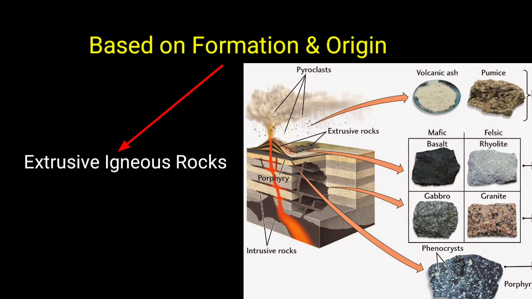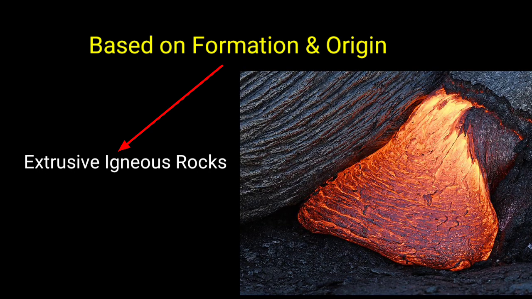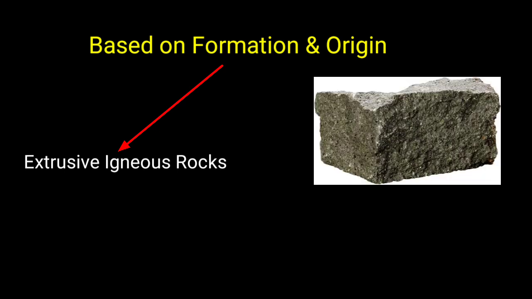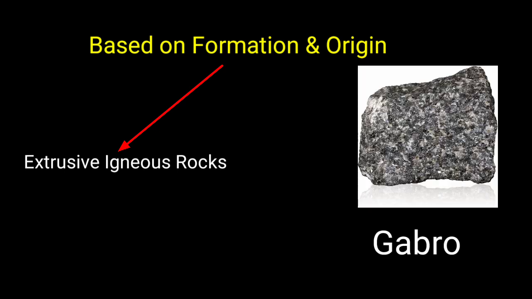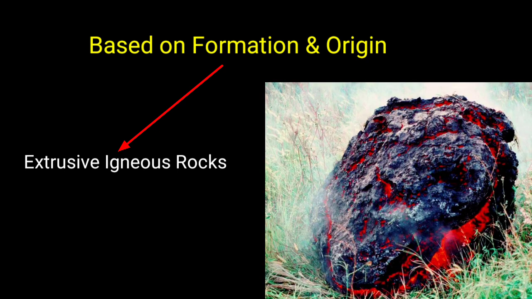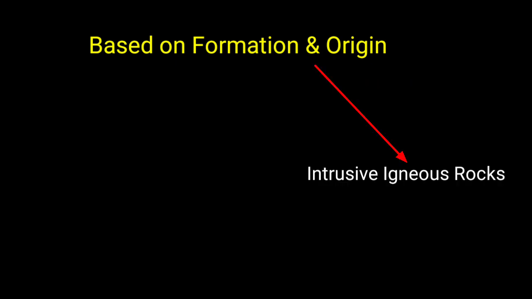Extrusive igneous rocks are also called volcanic igneous rocks. These rocks are non-crystalline due to the rapid cooling of lava on the surface, right? Some examples of extrusive igneous rocks are basalt, gabbro, and volcanic bombs.